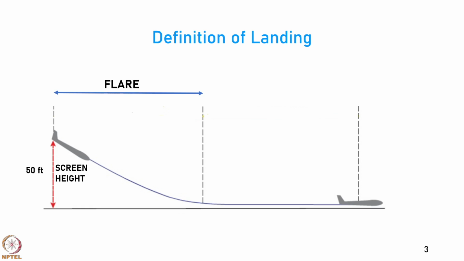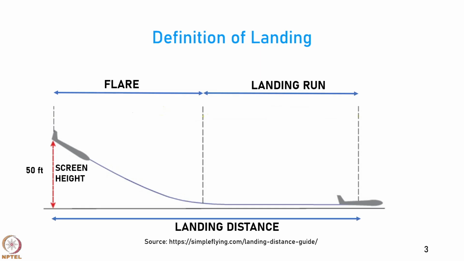It is a transition from being in the air to ground. When the aircraft touches the ground, the flare ends and the landing run starts till the aircraft comes to a complete halt. The total distance on the ground from the place where you achieve the screen height on the runway to the place where you come to an end, that whole distance is called the landing distance.